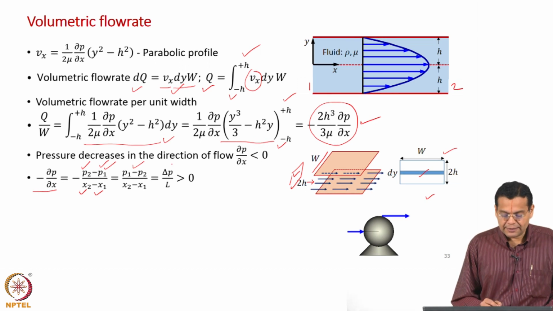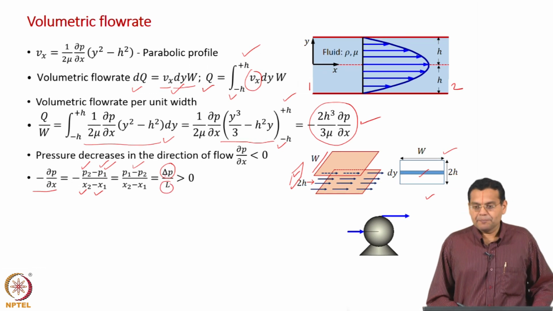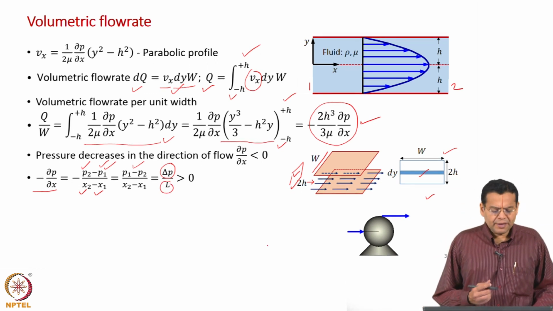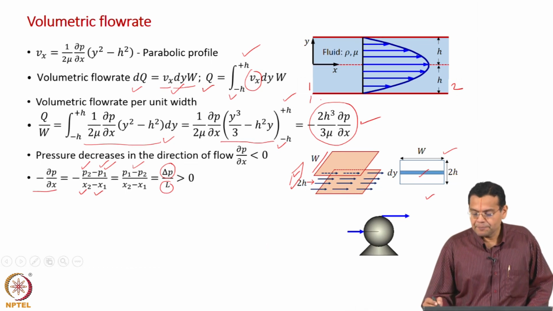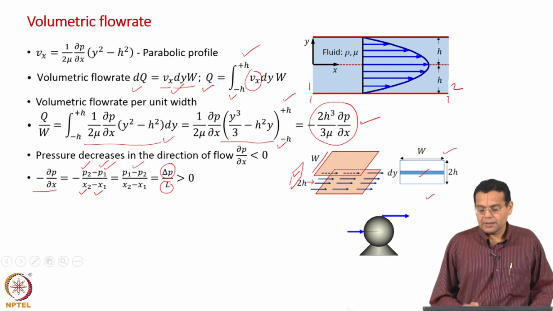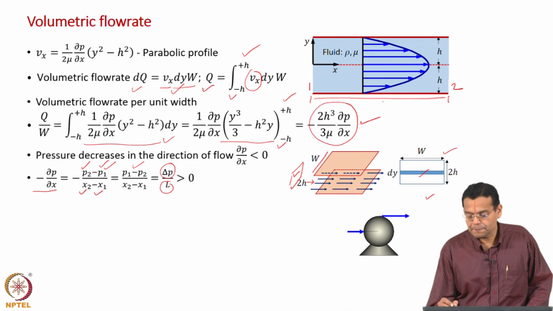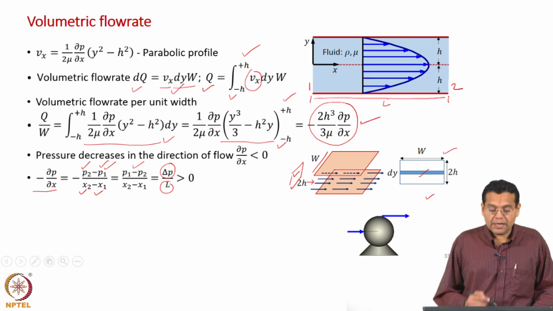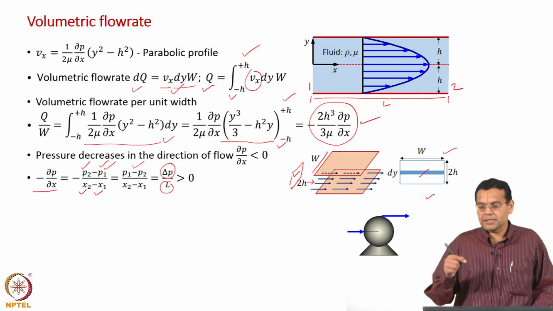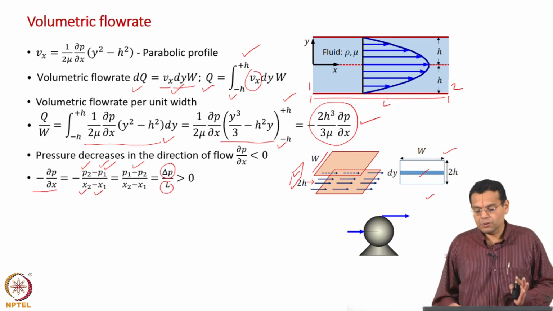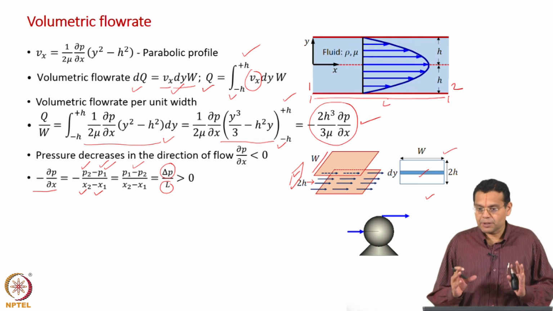And so, we write that as delta P, and x2 minus x1 we write as L. So, what we have done is written minus dou p by dou x as delta P by L, a constant pressure gradient. What is L? L is the length of the plates. Okay. And now, delta P is positive, we call it the pressure drop, that is P1 minus P2, P1 is higher, P2 is lower. So, delta P is the pressure drop, a positive value.